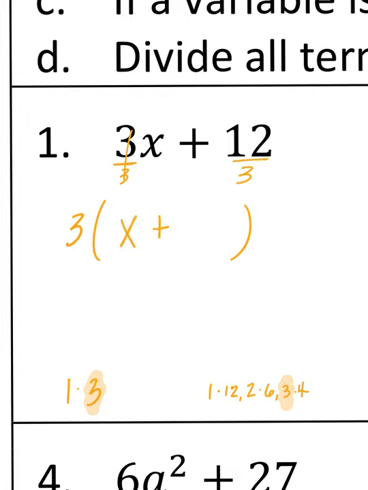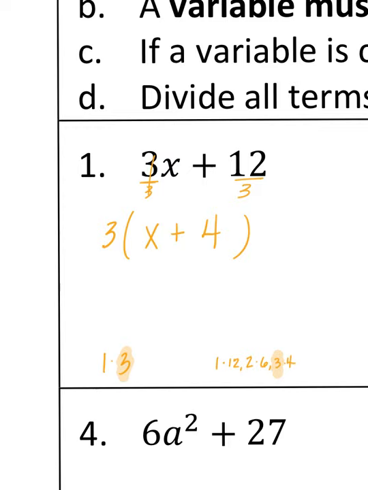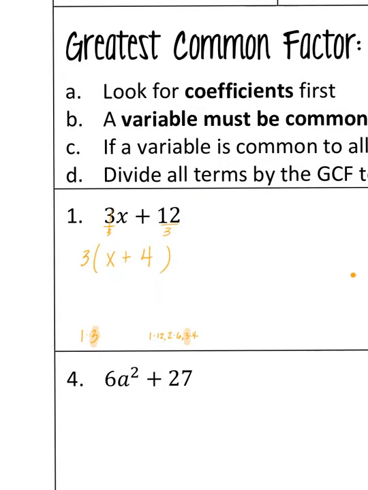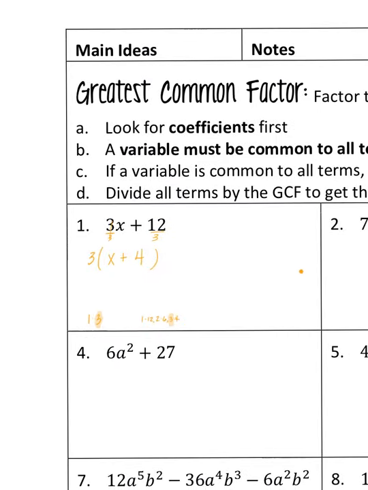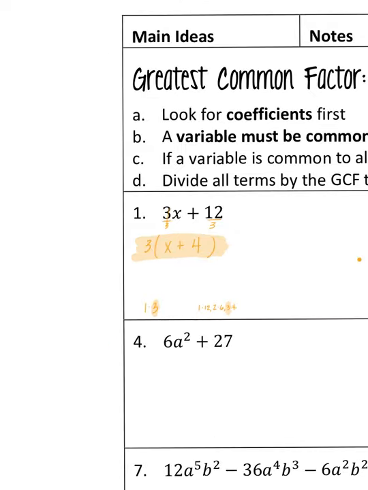Plus 12 divided by 3 is 4. And there we go, that's our answer. This is how we find the greatest common factor. Highlight that so we know that's the answer. And that's all we can do.